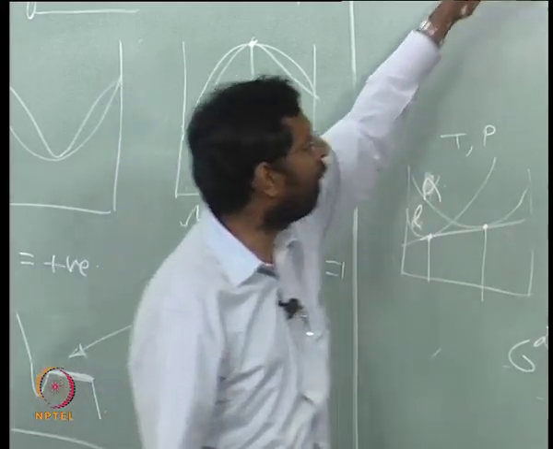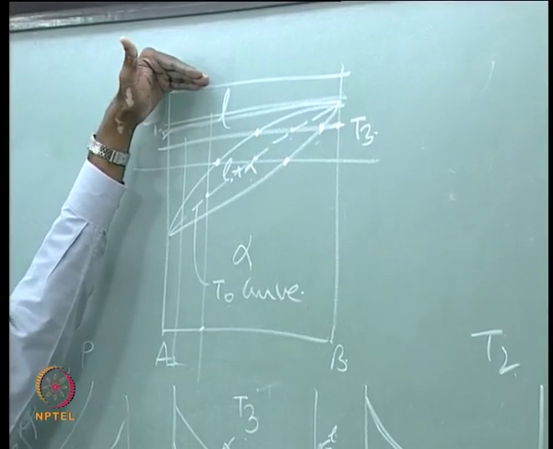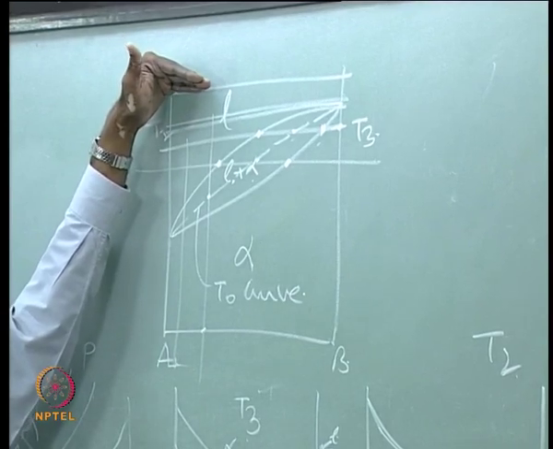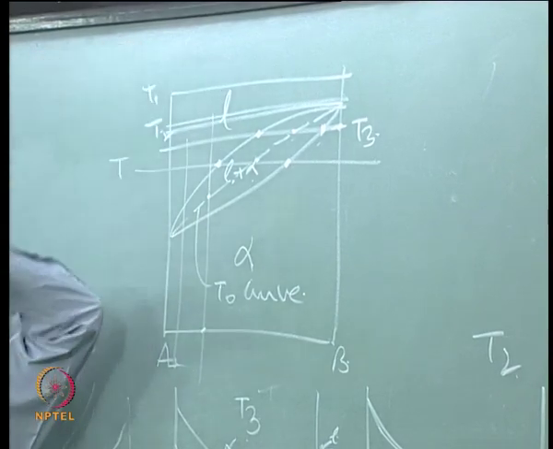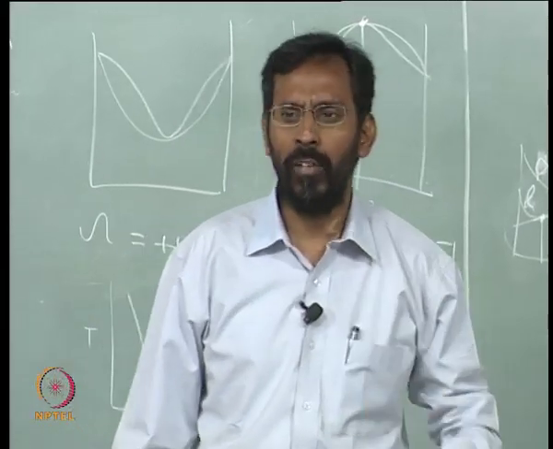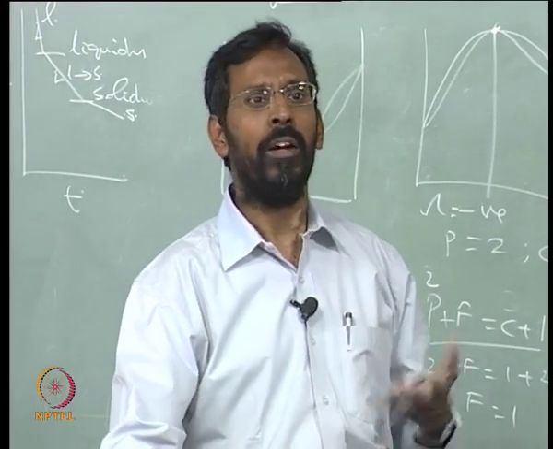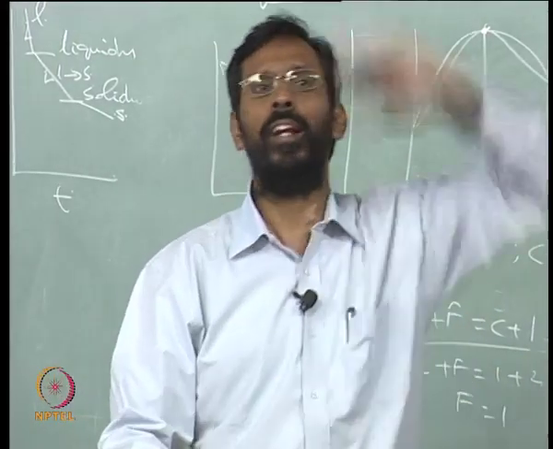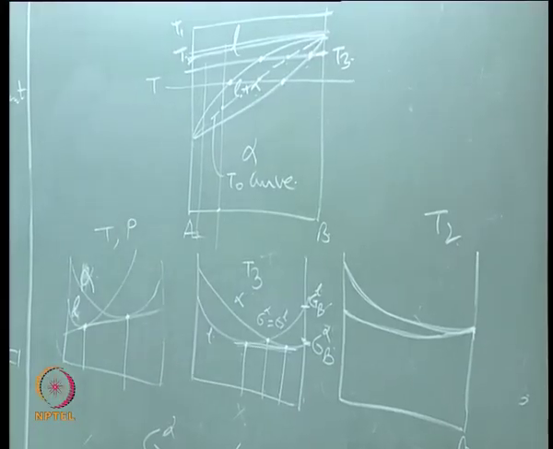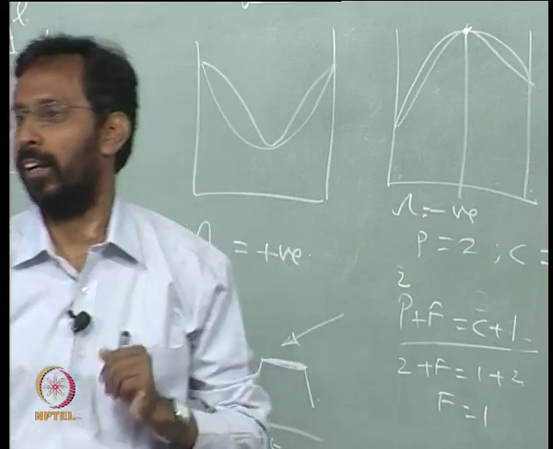You may say, sir, at this temperature why should I calculate the free energy of alpha? It does not exist there, but at any temperature, at any pressure, whether the phase exists or not, you can always calculate the free energy, excepting that you will be able to show that it is definitely having a much higher free energy than the stable phase. The only question that comes is, how do I calculate it?